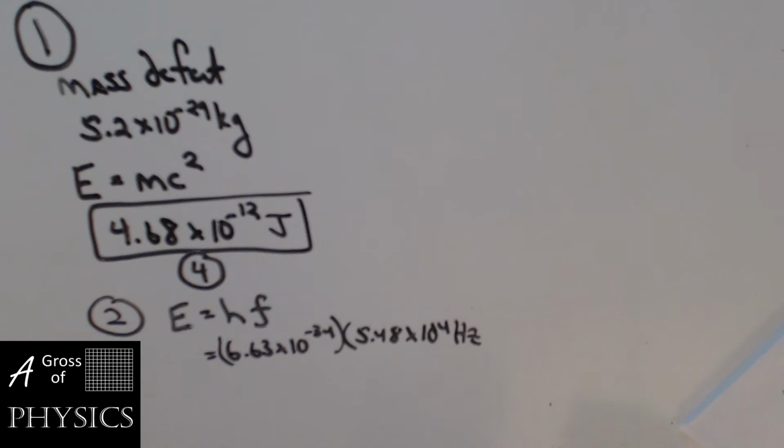So 6.63e negative 34 times 5.48e14. And the energy is 3.63 times 10 to the negative 19 joules. So 3.63 times 10 to the negative 19 is choice 4 again.